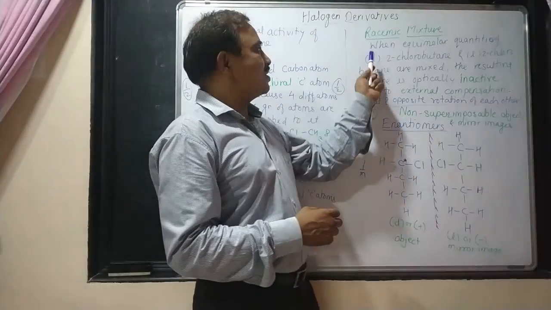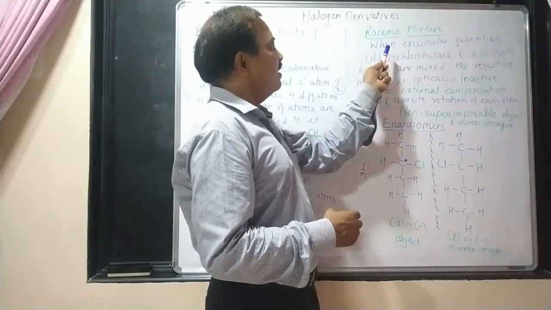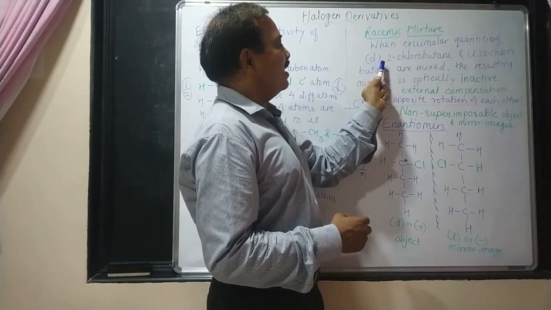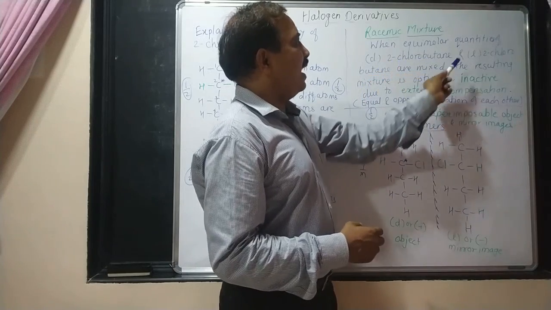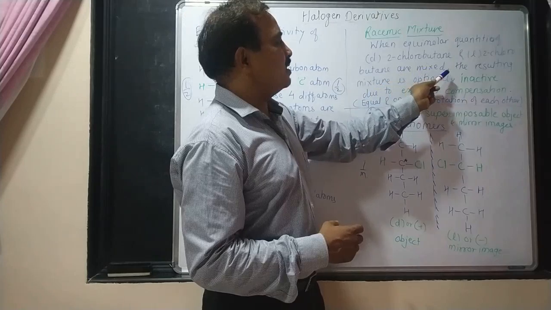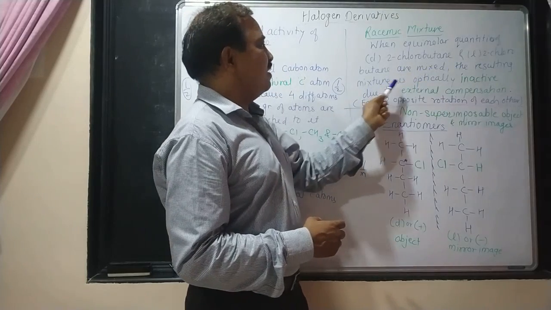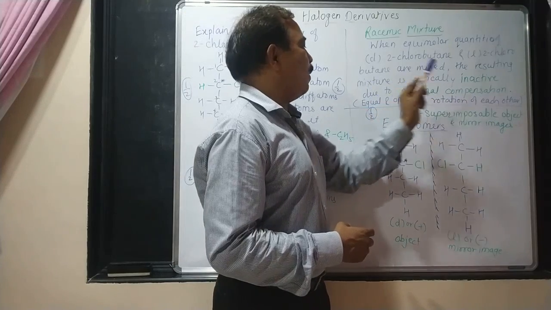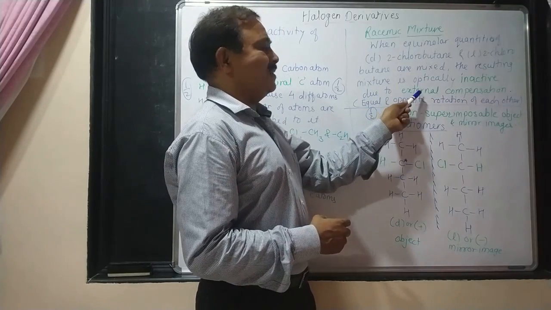Now let us understand the definition of racemic mixture. When equimolar quantities of dextrorotatory 2-chlorobutane and levorotatory 2-chlorobutane are mixed together, the resulting mixture is optically inactive due to external compensation. And why is there external compensation?